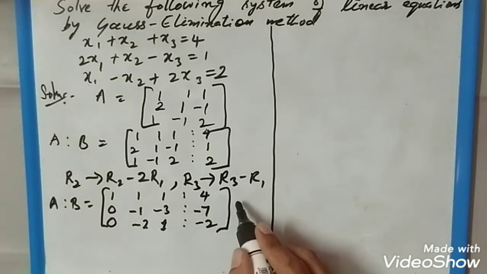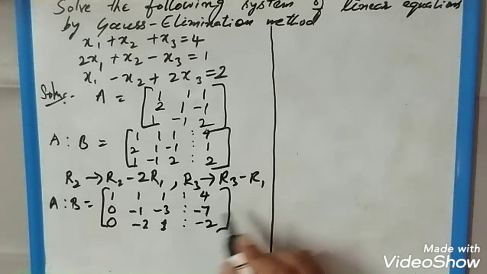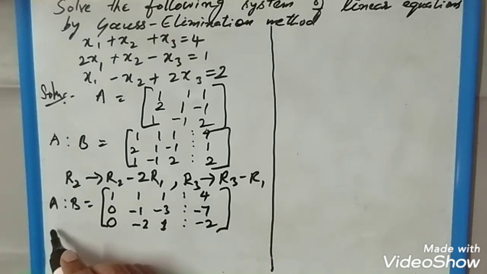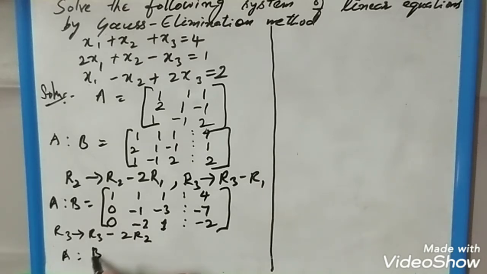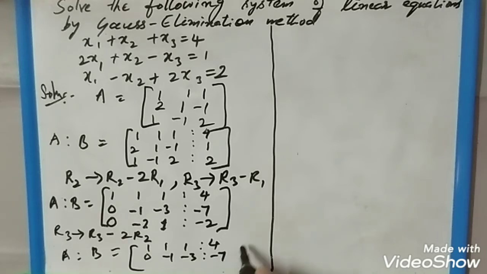So for this, we take the operation R3 to be R3 minus 2 R2. What will happen now? The augmented matrix becomes: the first row as it is, 1, 1, 1, 4, and the second row stays the same, 0, minus 1, minus 3 and minus 7.